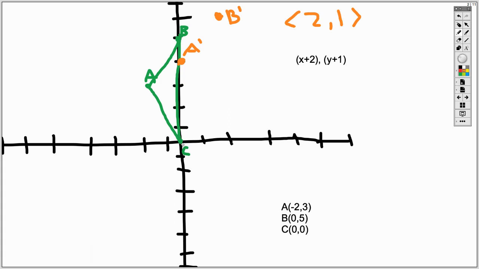Then C, same thing, 1, 2, and y plus 1. Then I can just connect. Right?